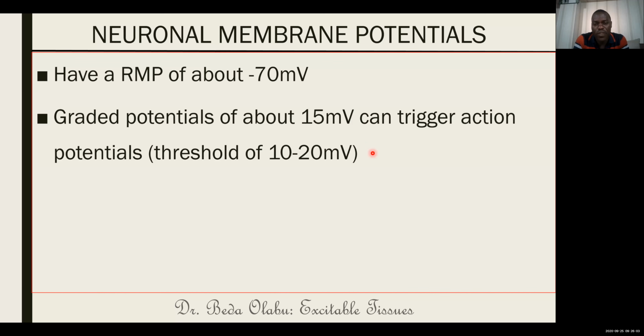You can unmute yourself, then you answer. Why wouldn't a graded potential that makes the cell membrane potential move from negative 70 millivolts to negative 90 millivolts, why wouldn't such a graded potential initiate an action potential?